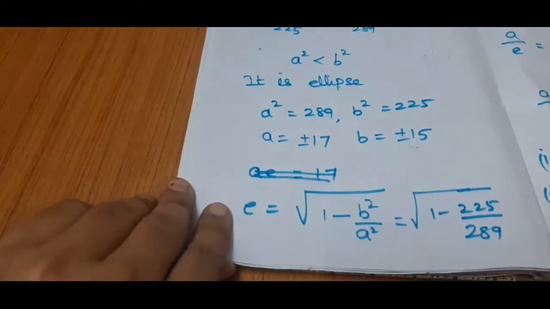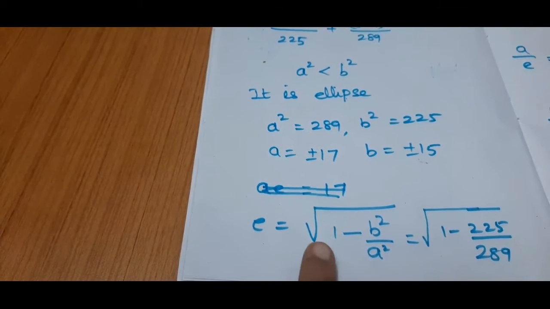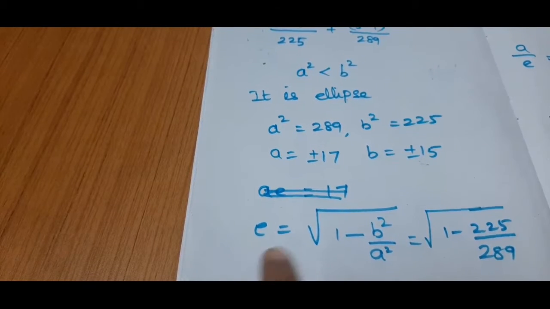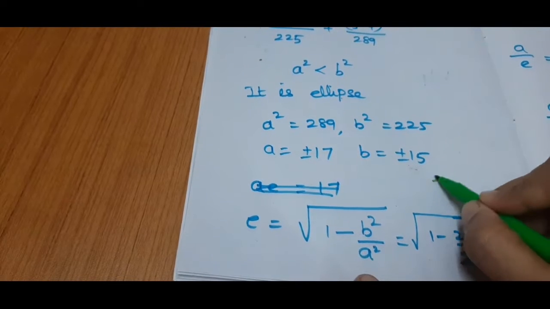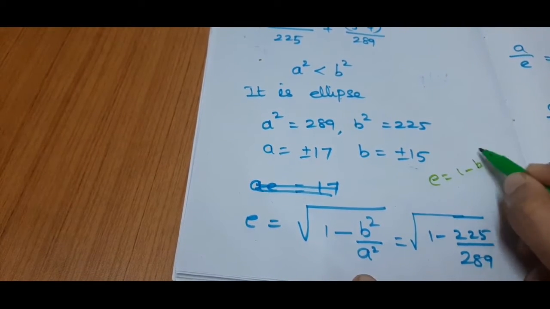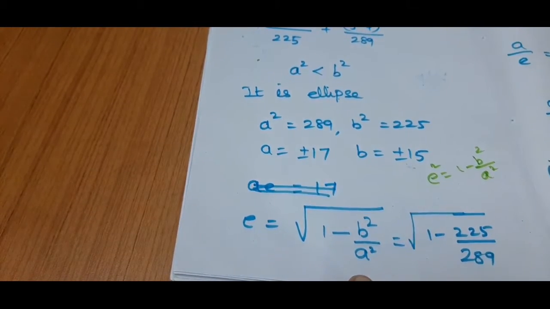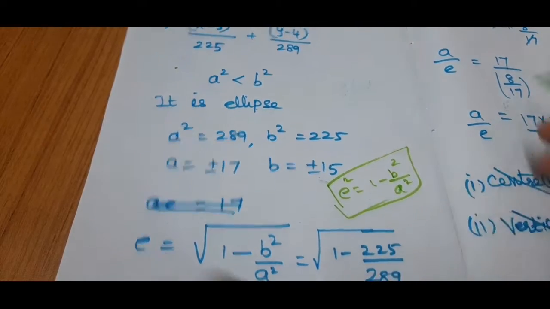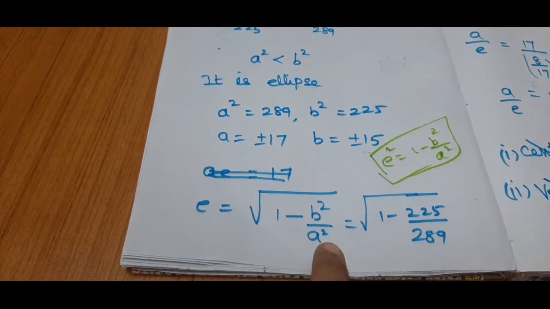So what is e? Formula for ellipse: e square is equal to 1 minus b square by a square. So e will be the square root of 1 minus b square by a square.